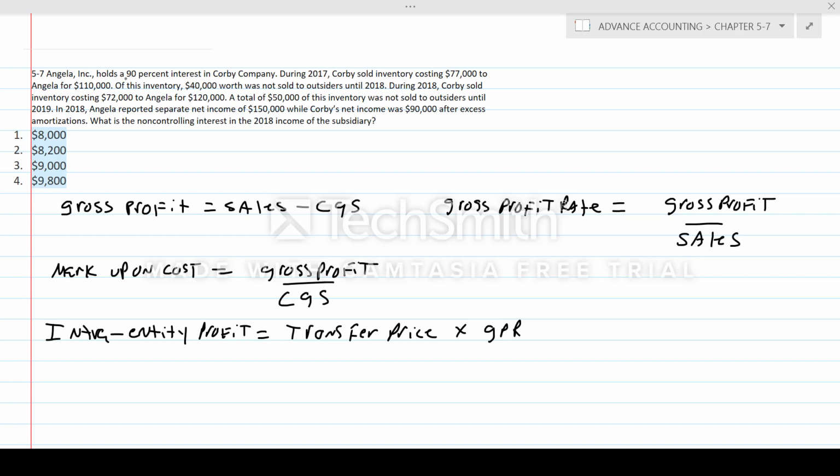So they hold a 90% interest in Corby Company. Corby sold inventory costing $77,000 for $110,000. $40,000 of this inventory was not sold to outsiders until 2018. It's important. During 18, Corby sold inventory costing $72,000 to Angela for $120,000. $50,000 of this is not sold to outsiders until 2019. Angela reported separate net income of $150,000, and Corby's net income was $90,000.